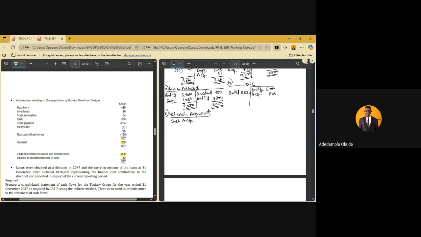Cash acquired from the subsidiary is 336. Cash paid for the acquisition is 42. So the net cash acquired is 294.